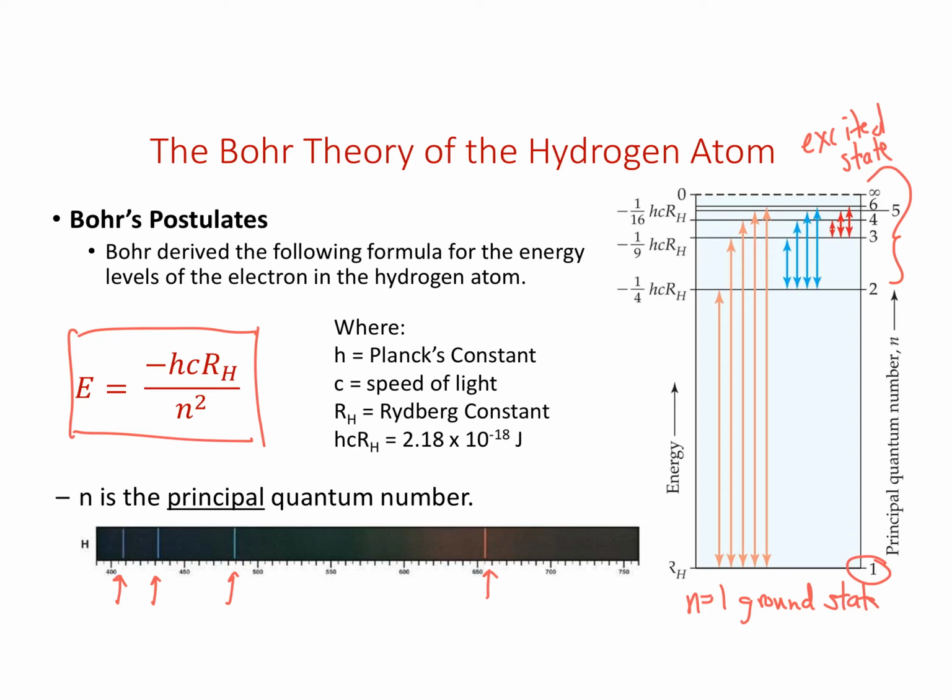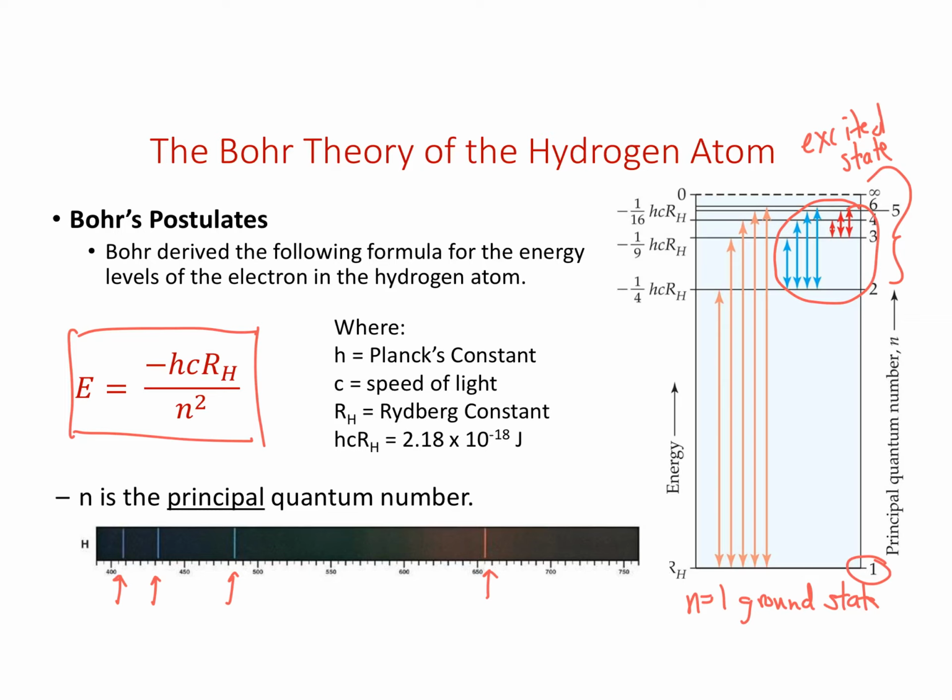So I've got these certain other energy levels up there, and all of these transitions are associated with a specific wavelength of light that we can observe in the line spectra for hydrogen.